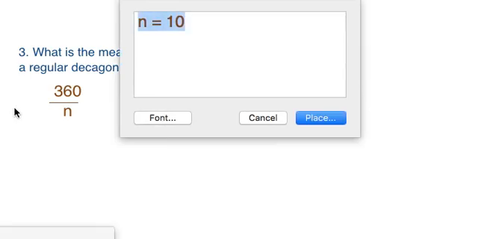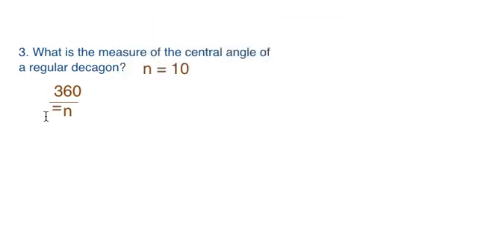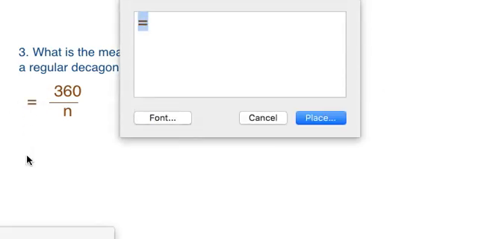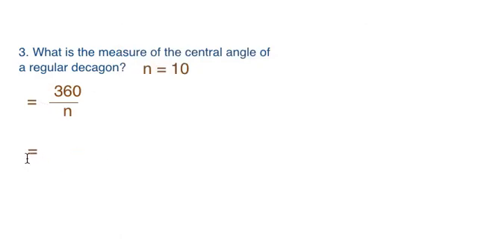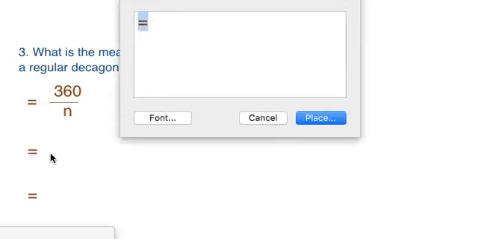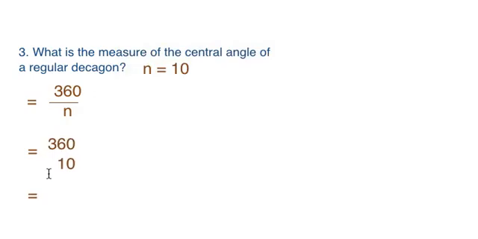Instead of saying 360 over n, I'm going to say, well, let me replace that n with 10, and then I can do my calculation right away. 360 over 10, I don't even need to think about a calculator for that, because you divide something by 10, that just means you have to take a 0 away from it. You'll end up with an answer here of exactly 36 degrees.